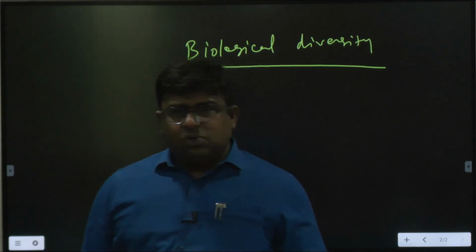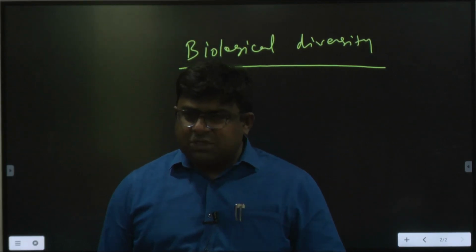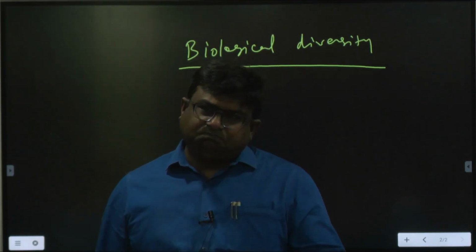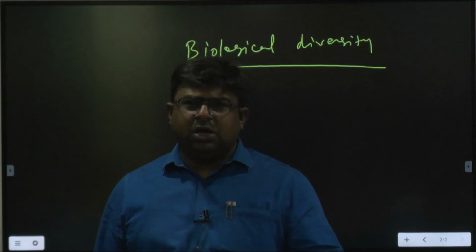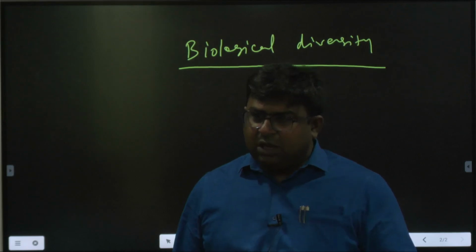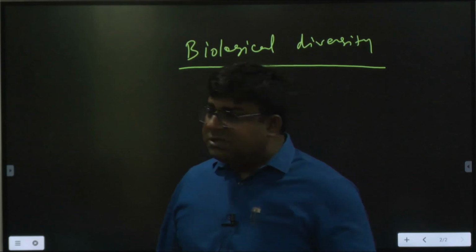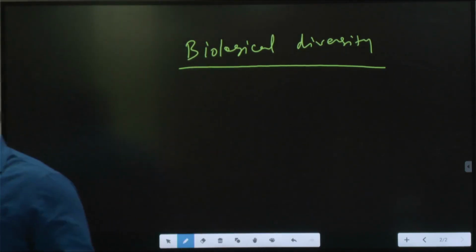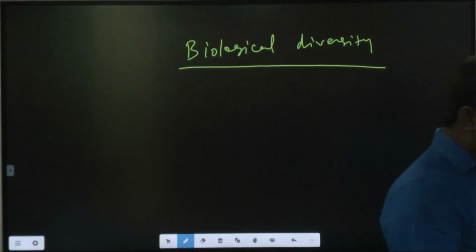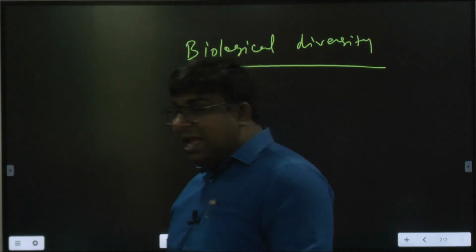Now, if we try to quantify this 2% in terms of number of species, it is an estimate of researchers that it would be around 10 to 11 million species.